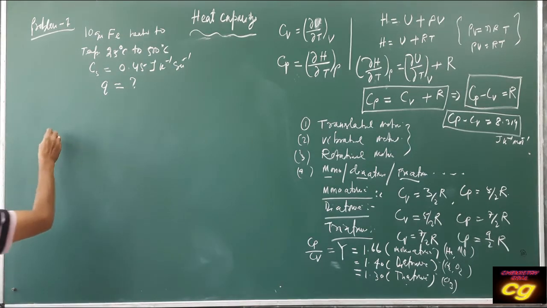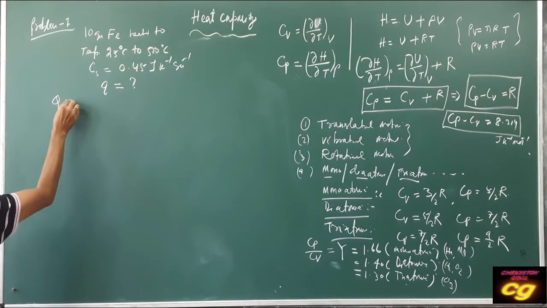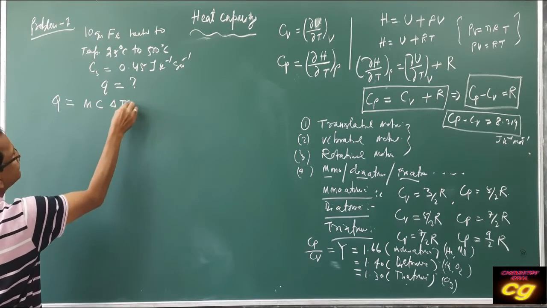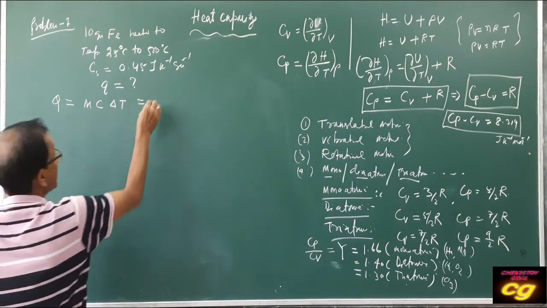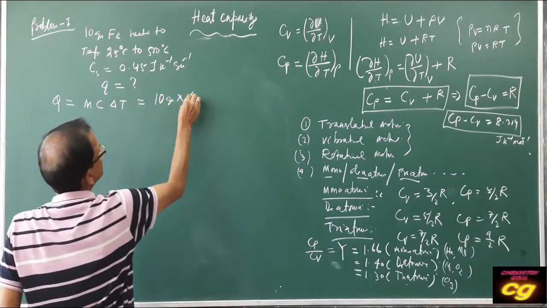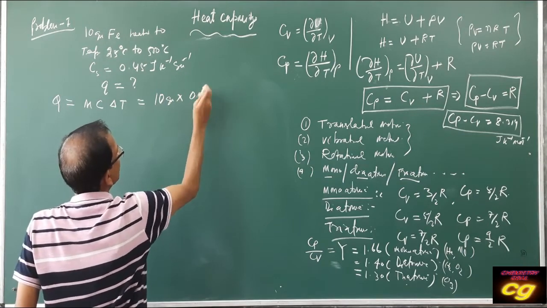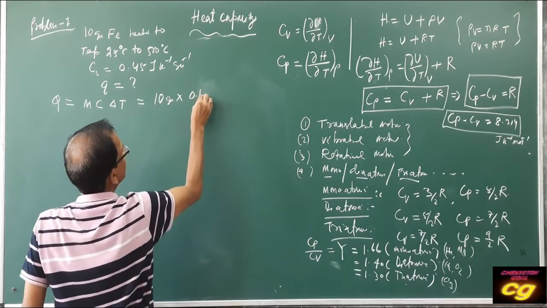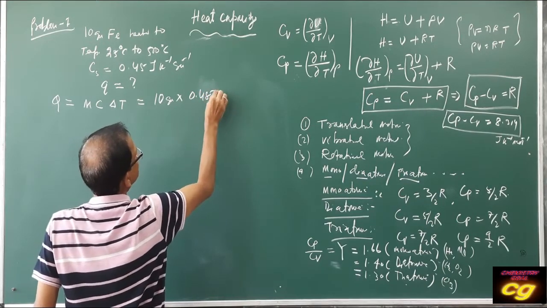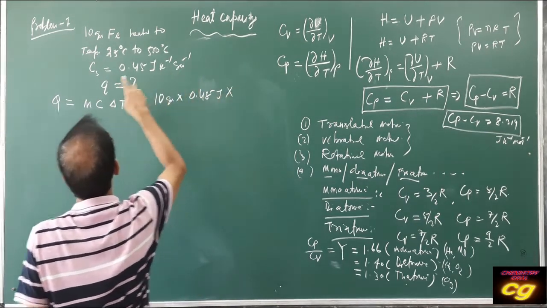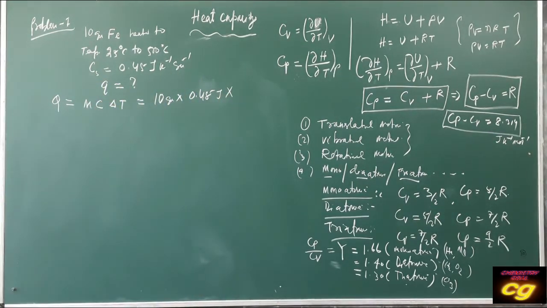Already you know the formula that Q is equal to m C delta T. Here m is 10 gram, C is 0.45 joule, and T changes from 25 to 500.